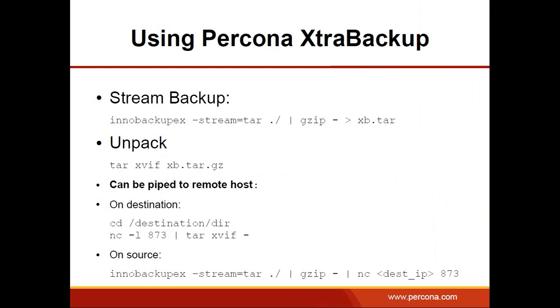And in that way we can pipe this to a remote server, because as we said before, these backups need to be taken locally. So in this way you can take a backup locally, but at the same time be moving it to a remote server. Here is a simple example.